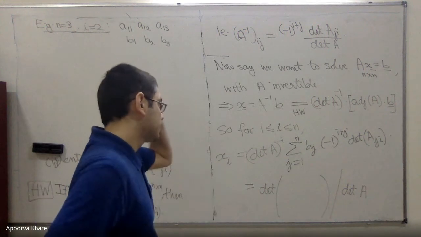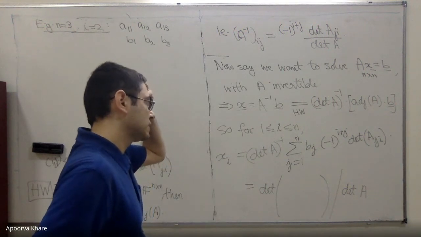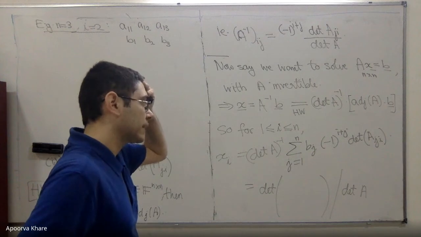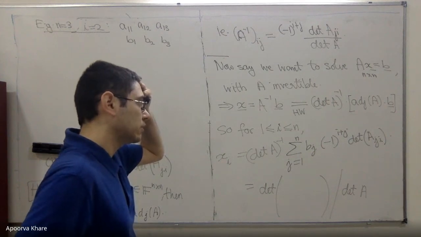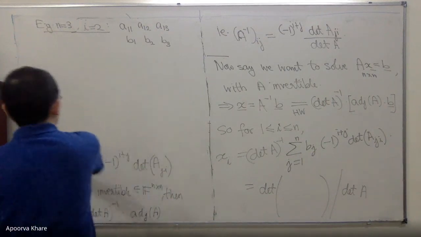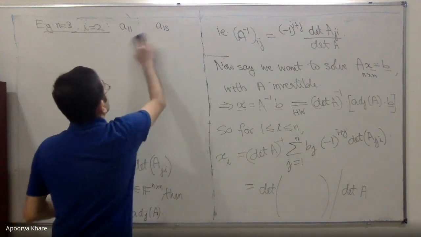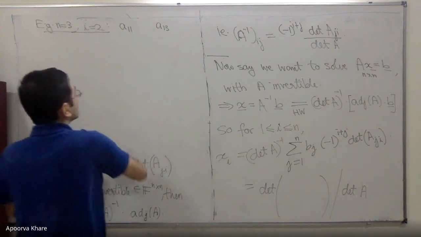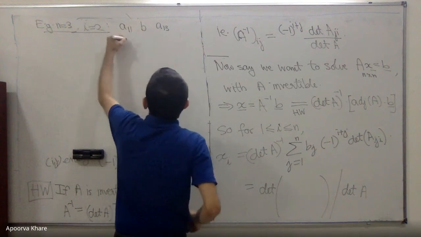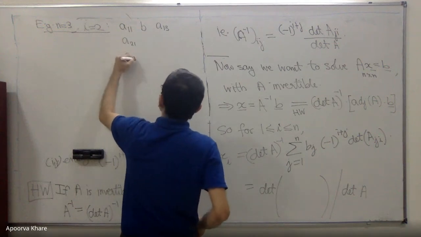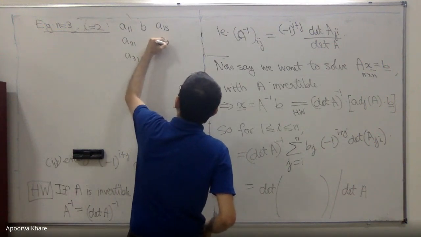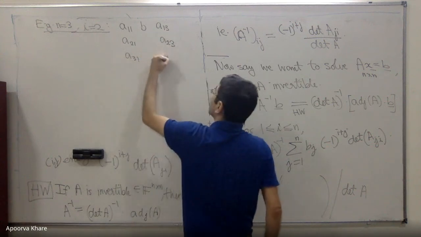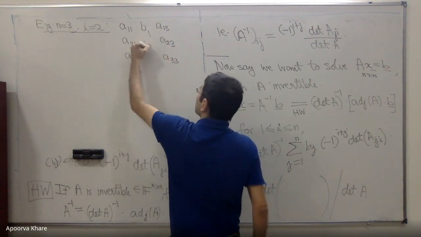The i is fixed here. The i is always the second column. The j's are running across each row. I think this is correct. Maybe I'm wrong. I'll just verify it. So basically, I write down the first column correctly, the third column correctly, and the second column I replace by the b's.